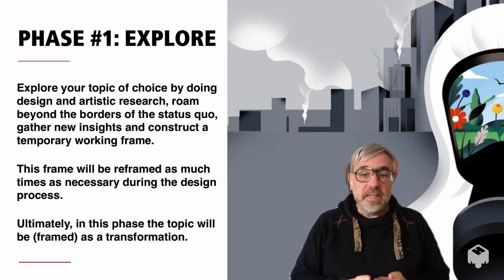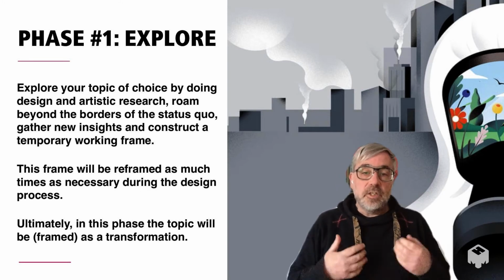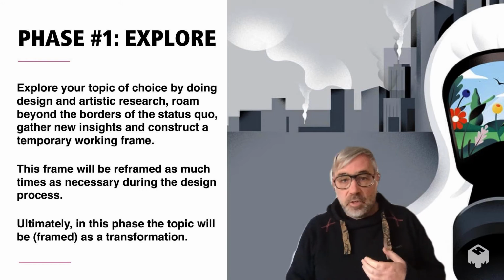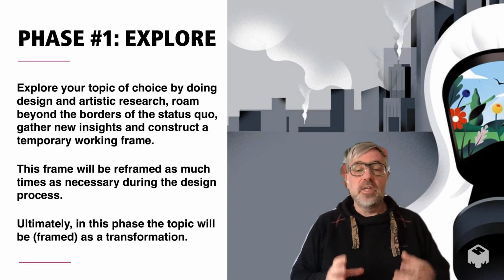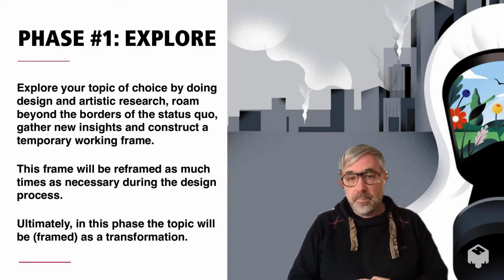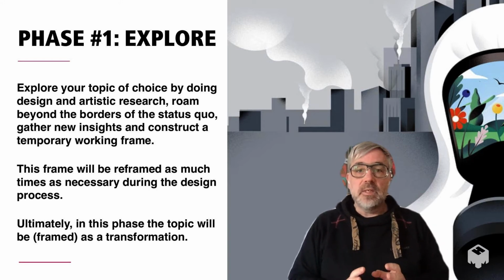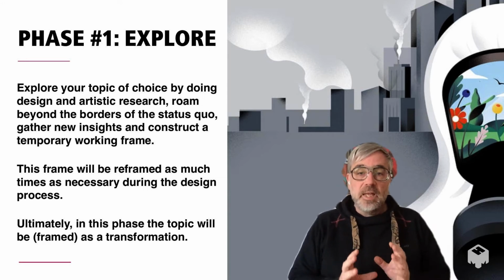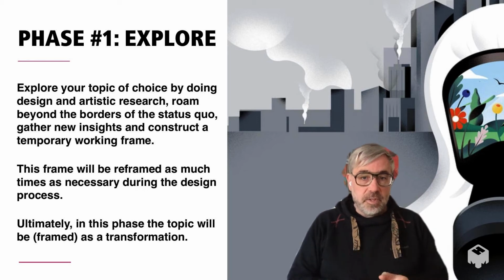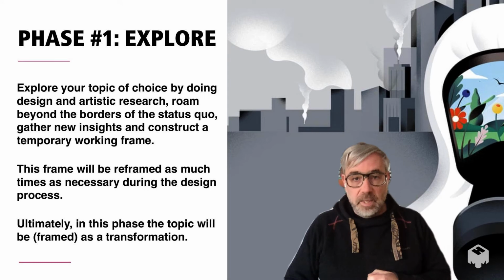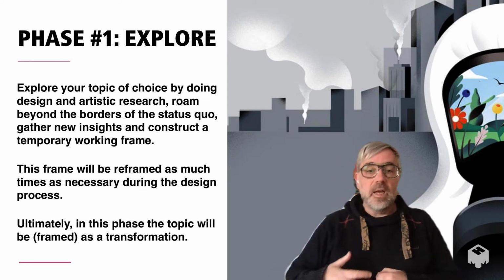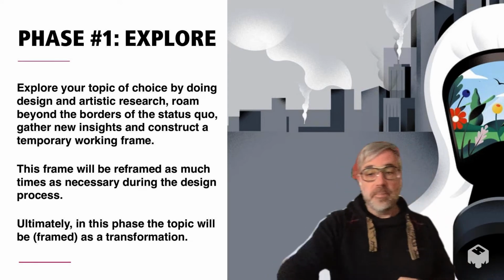And if you do that, you are able to see the trends that could be interesting in the future. Trends, behaviors, rituals that can be used to change the status quo. At the end of this phase, you will come up with a frame. And in the frame, you point out the direction that you are going to take in the next phase, in the phase where you're going to build an alternative reality, for example.